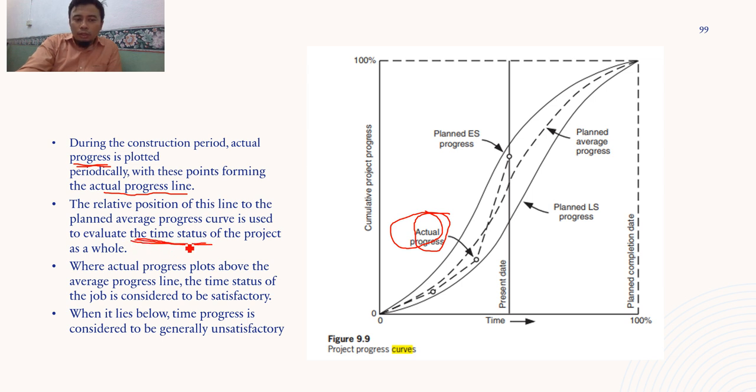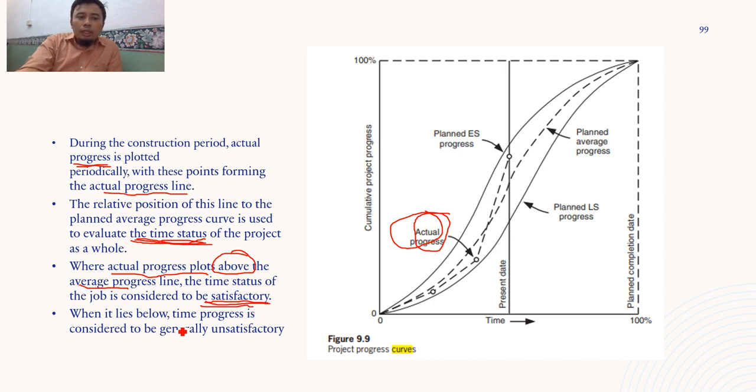The time status: is it delayed, or is it ahead? Where actual progress plots above the average progress line, the time status of the job is considered to be satisfactory.